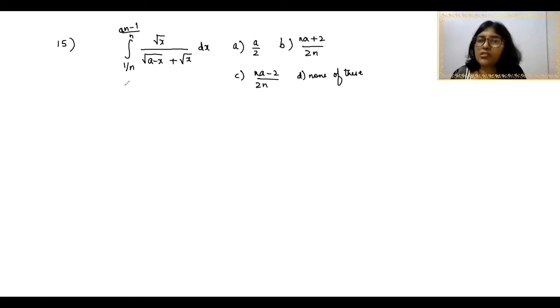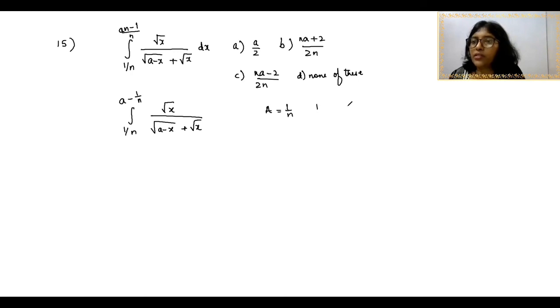If you notice, if we write these limits, it is 1 by n, A minus 1 by n, when you separate this up. And that means if I'm going to write capital A as 1 by n, the lower limit, and capital B as this, and we find A plus B minus x instead of x, let's see what's going to happen.